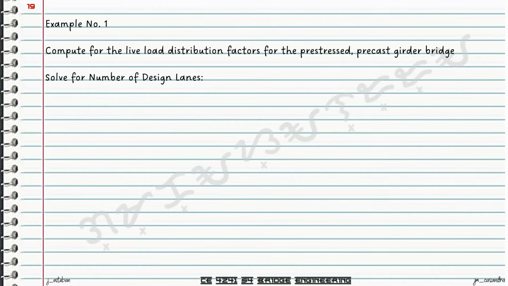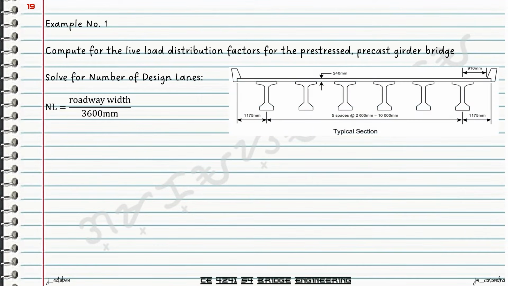The next step is to solve for the number of design lanes, in which the number of design lanes, N sub L, will be computed as the roadway width divided by 3,600 millimeters. So let's go back to the given section.